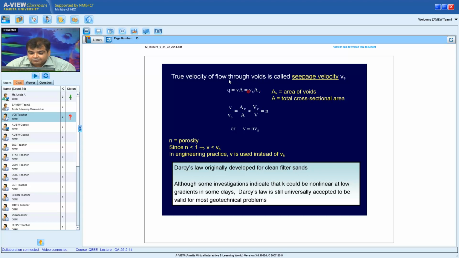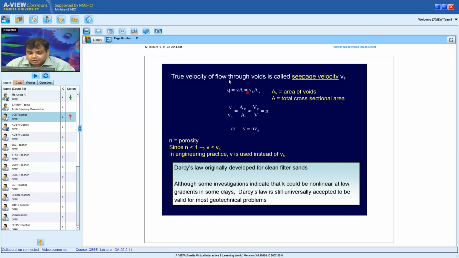So can I say the flow through the voids is Vs, the seepage velocity, since it seeps through the voids, times the area of the voids? The flow actually occurs through this area. It is the same flow which we say occurs through the area of capital A.